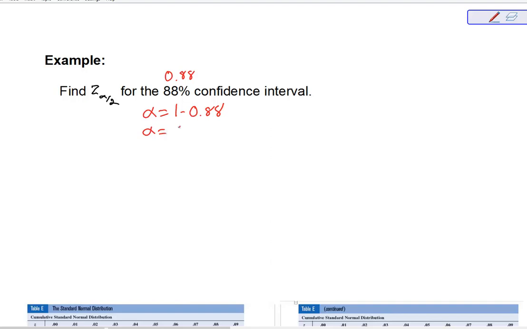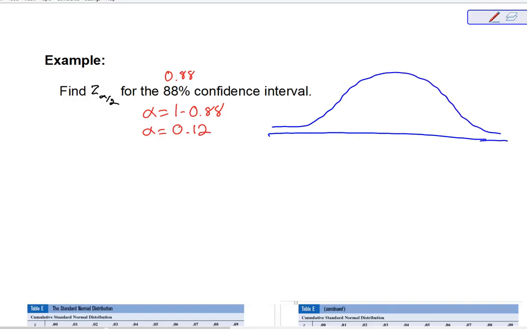So alpha is equal to 0.12. That is going to be the alpha that we're looking at. Since we're looking for a confidence interval, that means that I have to divide it by 2.